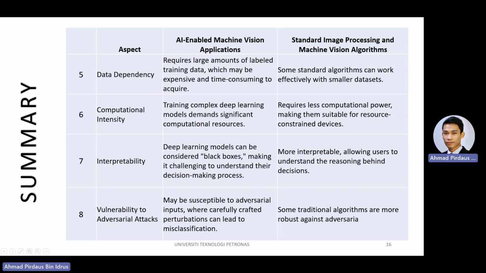AI-enabled machine vision may be susceptible to adversarial inputs, where carefully crafted perturbations can lead to misclassification. For standard image processing, the algorithms are more robust against adversarial attacks.